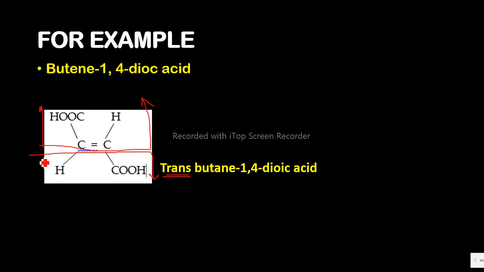So the double bond separates these groups. So this is one plane across this double bond, and then this is another plane. So the identical groups, this one and this one, are on opposite planes, totally different planes.